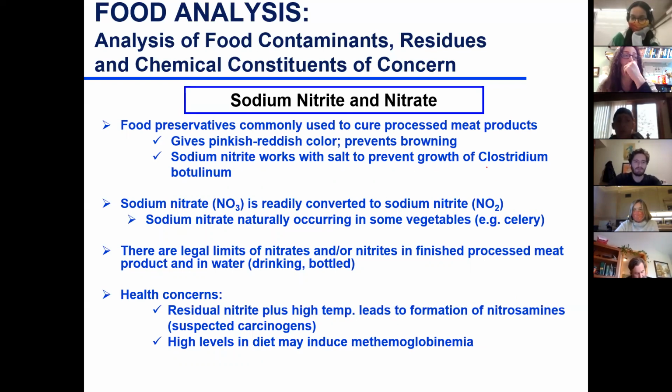And also it acts as a preservative against bacteria, specifically Clostridium botulinum in this case. It can sometimes be present naturally, like in celery. There are legal limits for both, and the health concern is the production of nitrosamine, which is a suspected carcinogen, which is mostly produced upon high heat treatment.